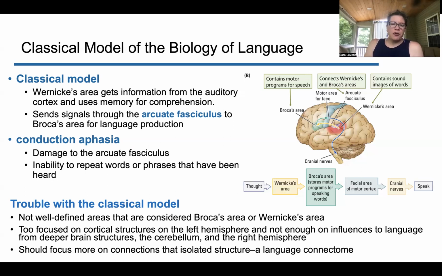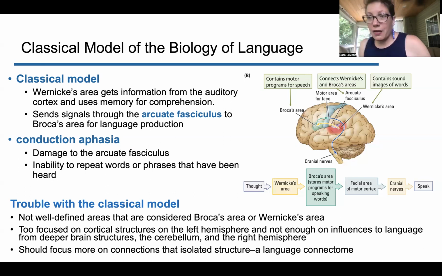And it's too focused on cortical structures in the left hemisphere and not enough on influences to language from deeper brain structures, such as the cerebellum and the right hemisphere. So we have our comprehension and our language production, but then we have all of these interaction spaces.